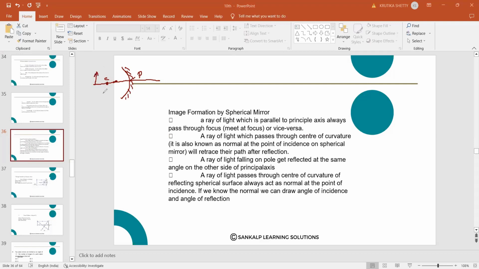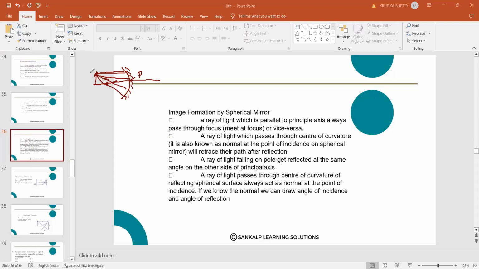Okay. So I'm keeping an object in front of the concave mirror. When the object is placed in front of this, what happens? The image is formed. So here what happens, from the object, n number of rays will be moving towards the mirror. Yes.